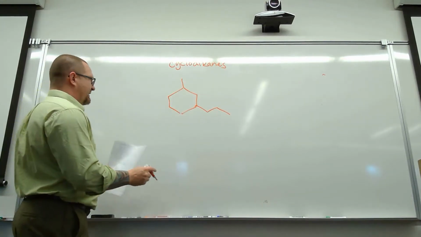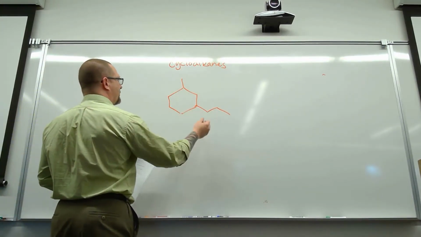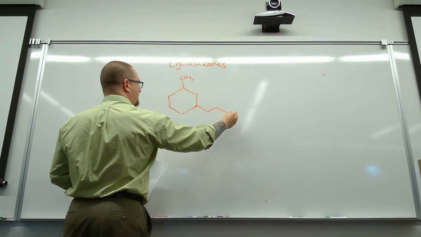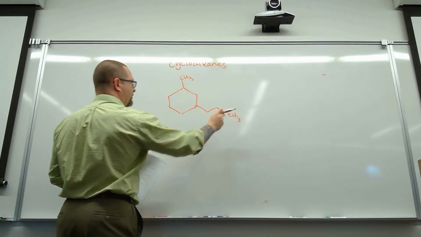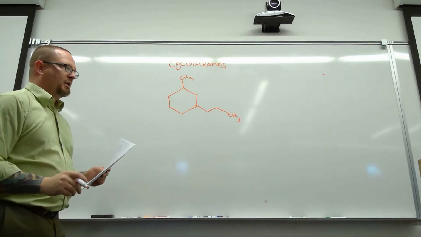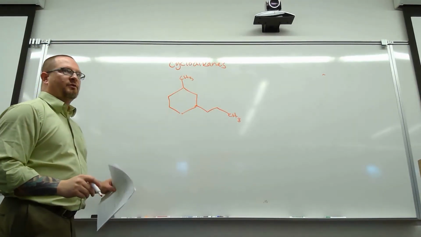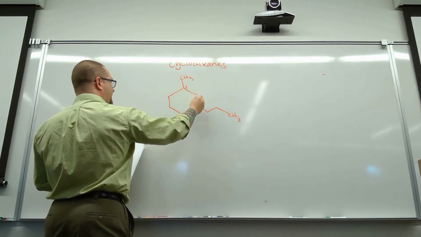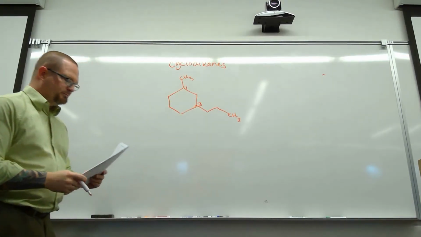So we're going to list them based on their alphabetical order first. So this is a methyl, this is a propyl. So LMNOP, M comes first over P. So this would be a 1-methyl 3-propyl.